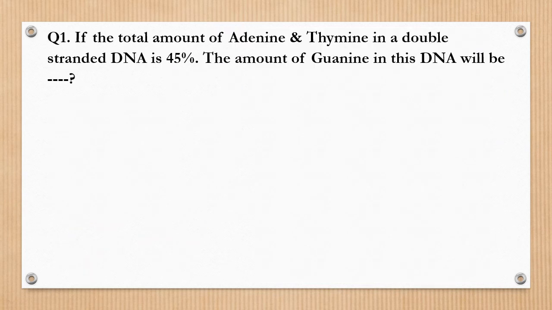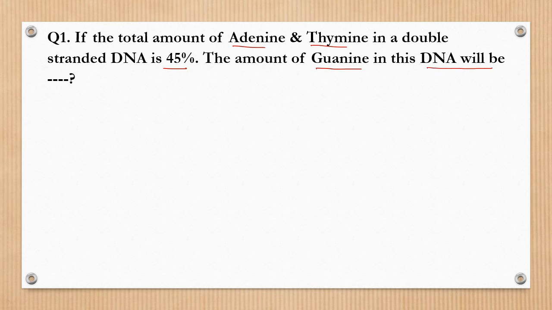So based on Chargaff's rule, let's find solutions for a few problems. The first question is, if the total amount of adenine and thymine in a double stranded DNA is 45%, the amount of guanine in this DNA will be how much?